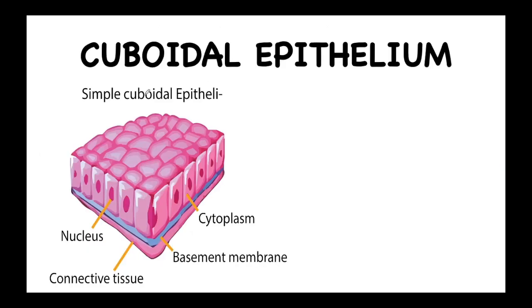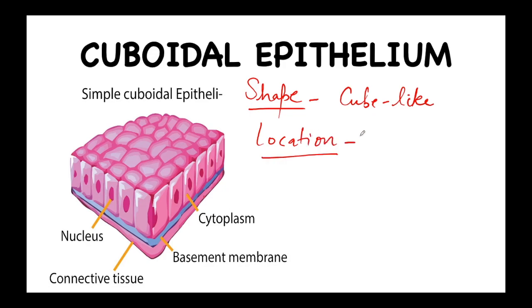So next type is cuboidal epithelium. First come to the shape of the cells. The shape of the cell is cube-like. It is clear from the diagram given here. Now come to the location where this epithelium is located in our body. It is located in our kidneys. If we talk about the specific location in our kidney, it is present in the inner wall lining of the kidney tubules.